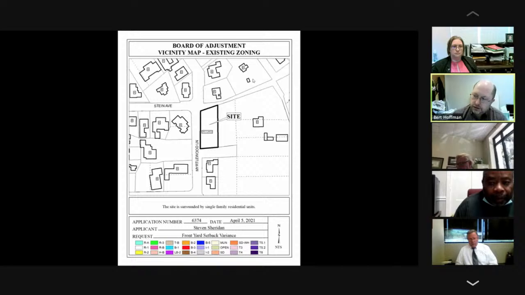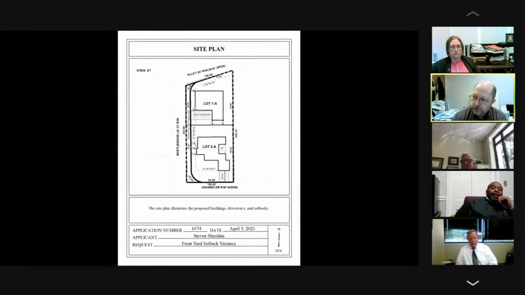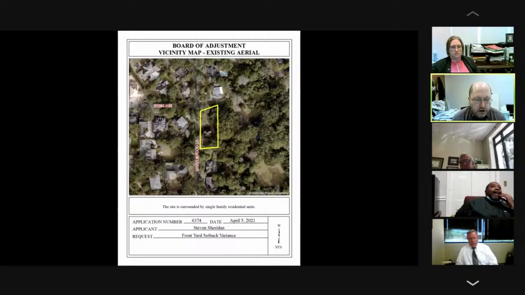So the answer is that as the variance is being presented, the proposed front of the house that will face Myrtlewood would be in line with the wall of the existing house that's on Myrtlewood. So that is the proposal. But what's happening is because of the right-of-way dedication, the edge of the right-of-way is moving closer to the facade.